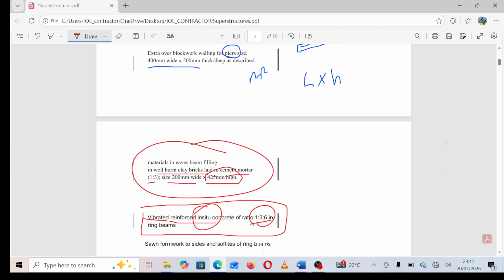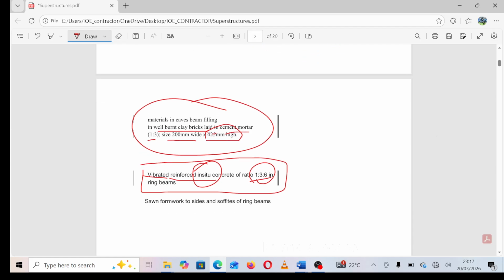Then we do have also formwork, as we mentioned here. Now formwork here, we can consider it in square meters. Now here, sawn formwork. Sawn formwork is the type of formwork that gives you a rough finish.